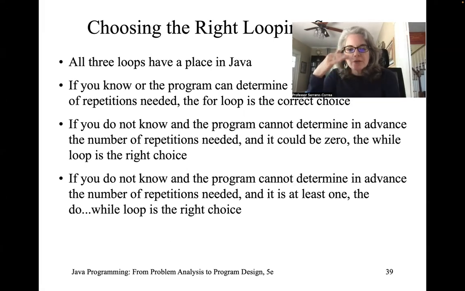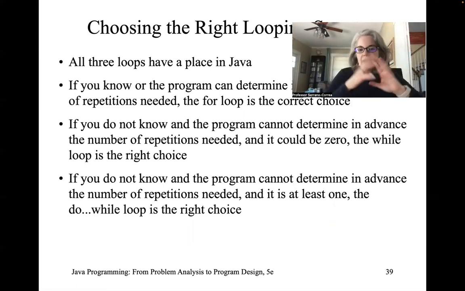So you've got 3 loops. We can do everything with the while loop, but we compared the while and the for, and we saw how in the for you have everything in the parentheses. It reminds you of everything you need to iterate a certain number of times. You don't have to have so much code. And the while loop can cause errors, because if you forget the counter, then it's going to be an infinite loop.